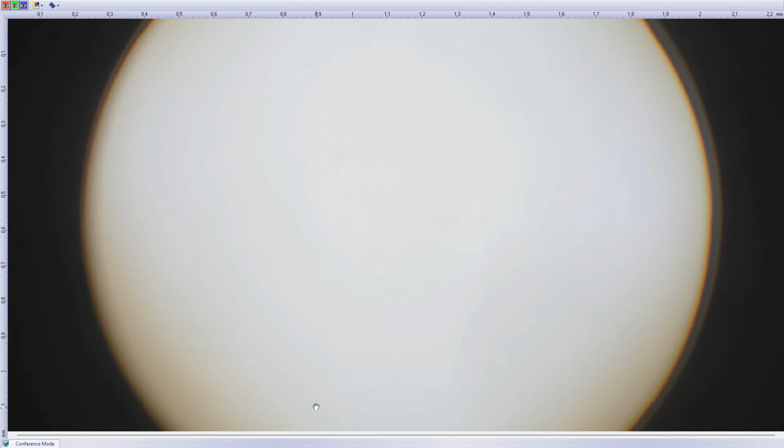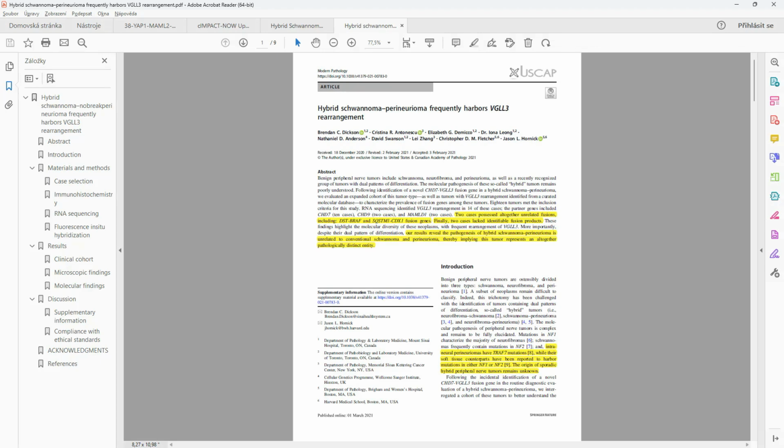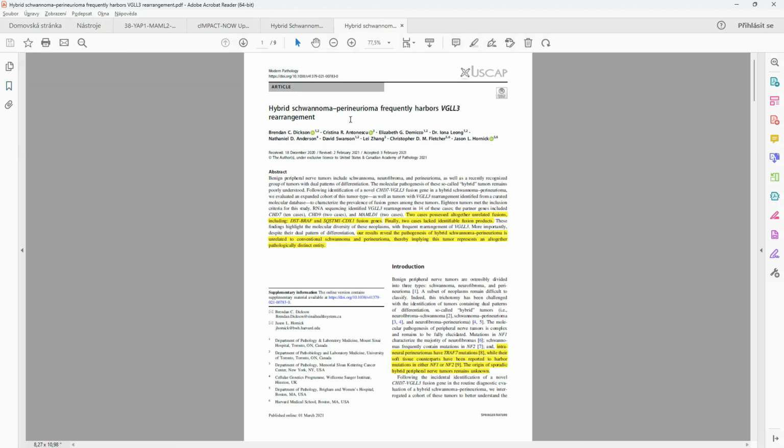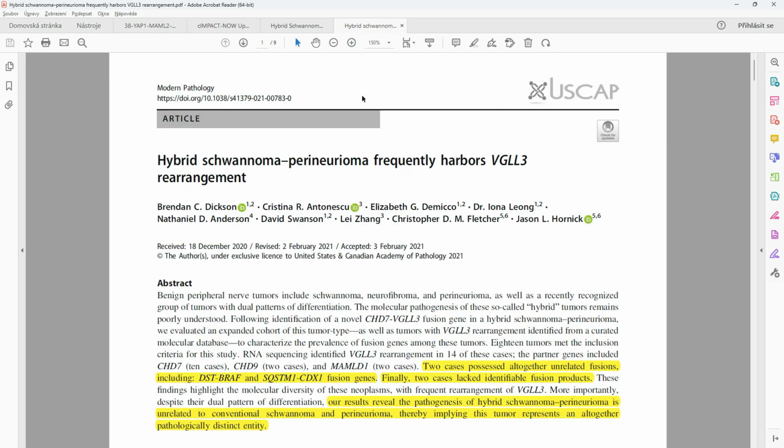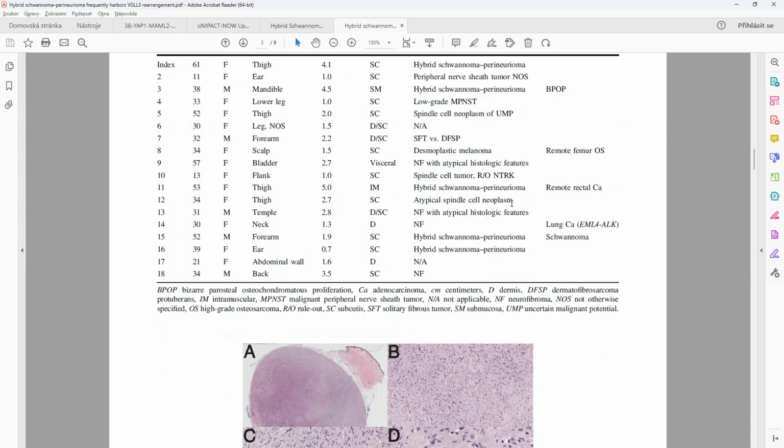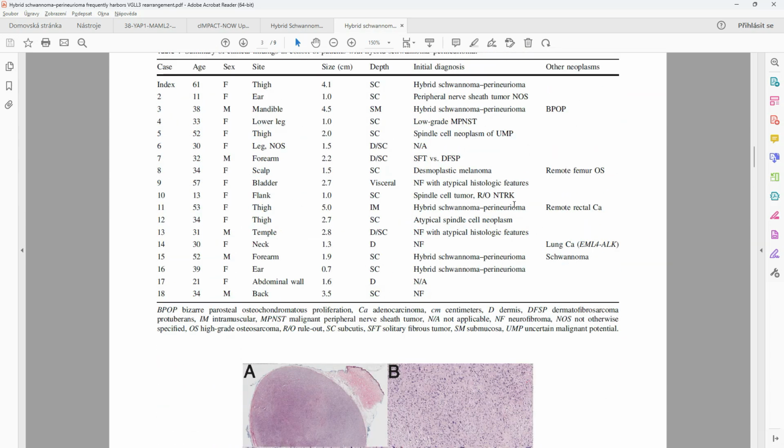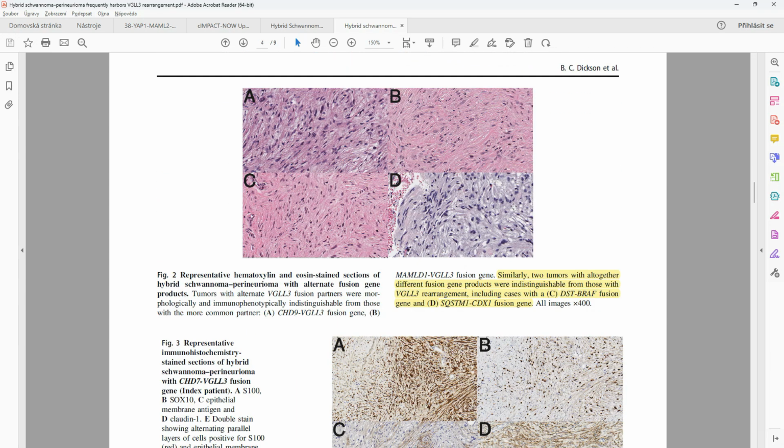And a few years ago, again, Dr. Hornick and colleagues found out that these hybrid tumors, most of them, harbor VGLL3 fusions. So they are molecularly completely different from schwannomas, which are typically NF2 mutated, and also from perineuriomas, where the molecular basis is mostly unknown.